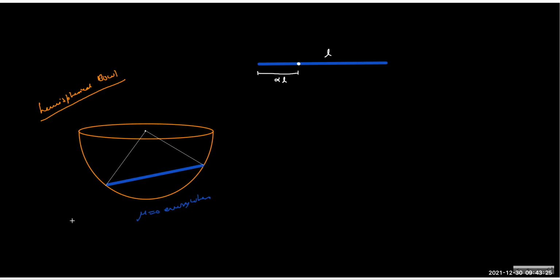And the normal will be passing through the center, right? So now we know the two forces are very much known to us, N1 and N2. And you can also see that N1 and N2 will intersect at C, the center of the ball.